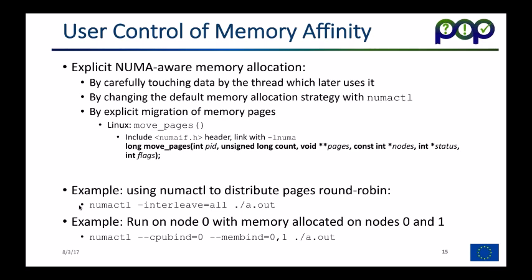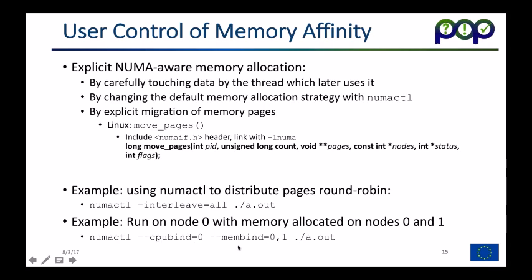Because of the aggregated memory bandwidth, in most cases it's profitable to distribute the pages over all NUMA nodes if you don't know the access pattern, instead of having all the data remain on one individual NUMA node, because then the memory path to that single node easily becomes the bottleneck. So numactl --interleave=all followed by your program will instruct the Linux operating system to distribute the pages in this round-robin way. numactl is worth a look, as it can do many more things.